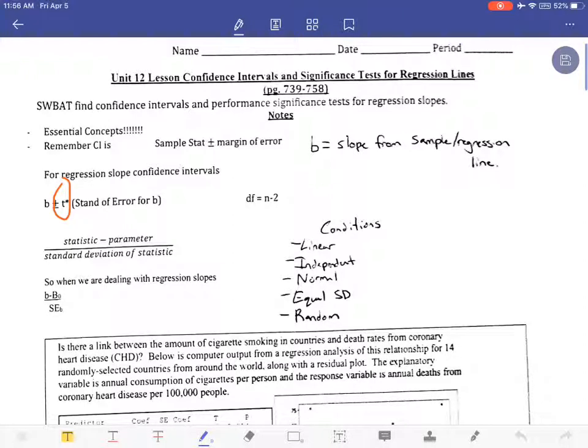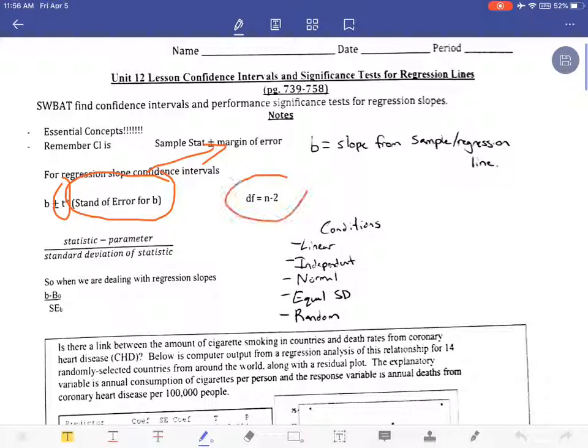For today, we're only using the critical t-score. Then you take your standard deviation, or another way of saying that is standard error, and you multiply those two together to get your margin of error. Okay, so that's how we're going to construct the confidence interval for the regression slope.